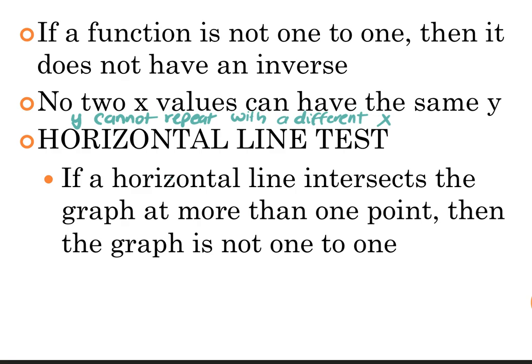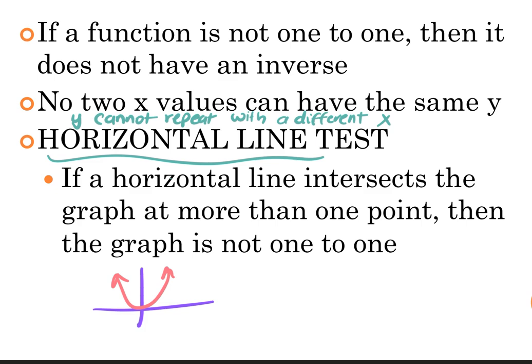Visually, we would use the horizontal line test. So to determine if it's a function, we use the vertical line test. To determine if it's one-to-one, which means it has an inverse, we use the horizontal line test. So for example, a parabola, is that a function?